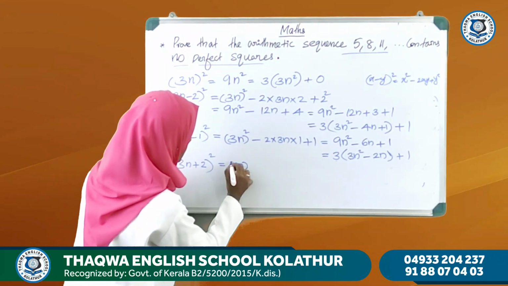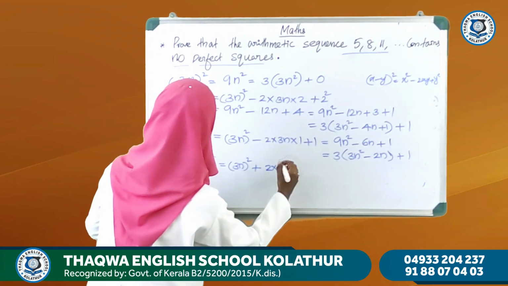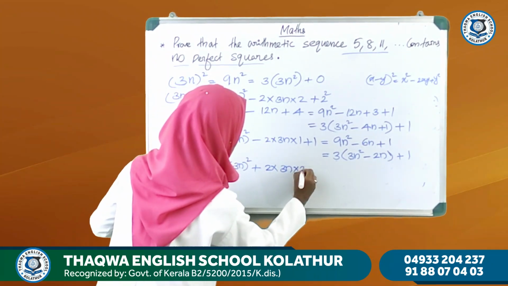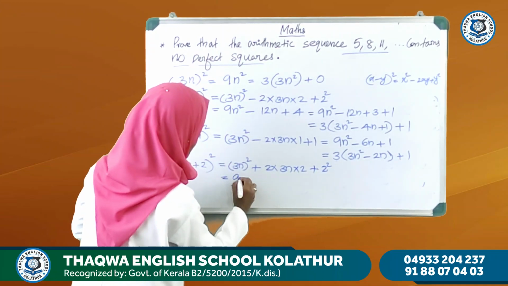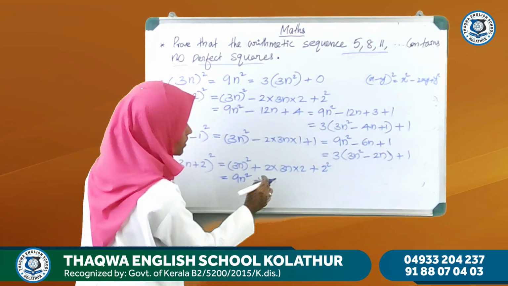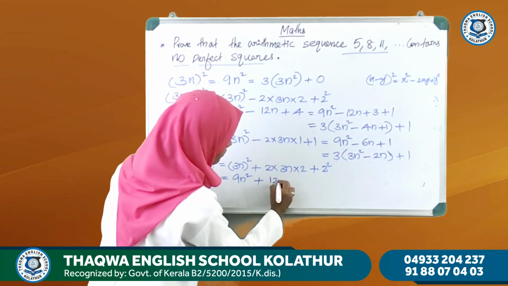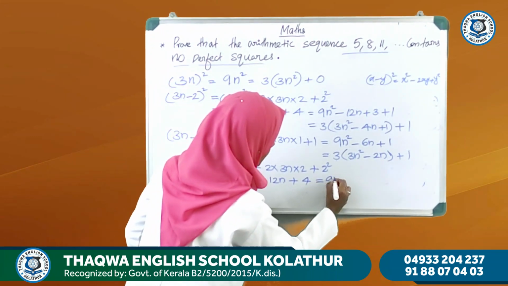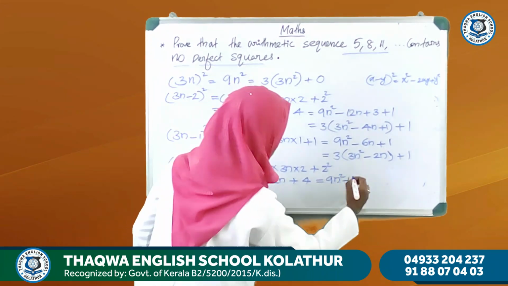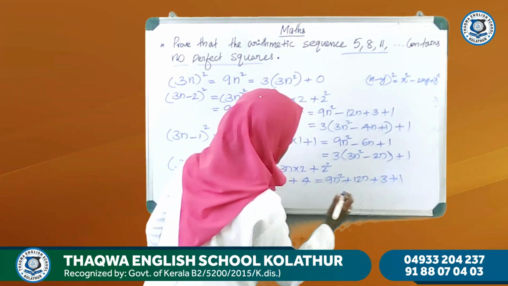That is 3n whole square plus 2 into 3n into 2 plus 2 square. That is 9n square plus 2 into 3, 6; 6 into 2, 12n, plus 4. That is 9n square plus 12n plus 3 plus 1.